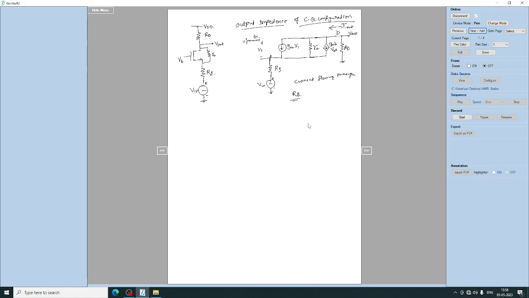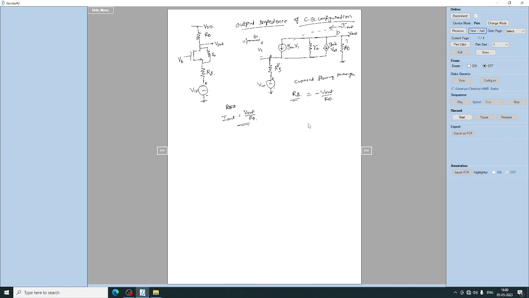Because of the input voltage we have current flowing through RD. I out is V out by RD, and it is the same current which is flowing through the RS. So the current flowing through RS will be equal to minus V out by RD.